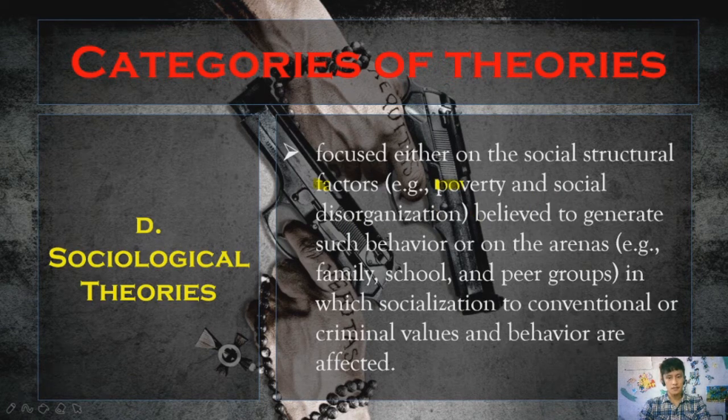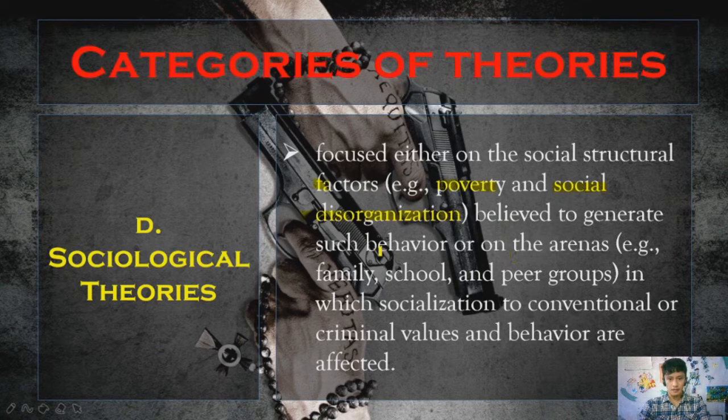So poverty, sometimes they believe that it contributes in crime causation. Okay, and social disorganization, ito talaga yung pinakamatindi din na sinasabi nila commonly that caused also a certain person to be misled or misdirected, okay, or ma-involved sa illegal activities.